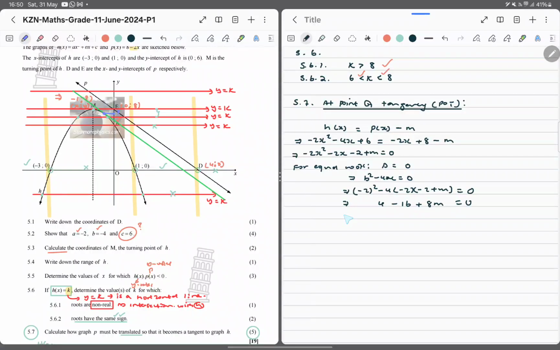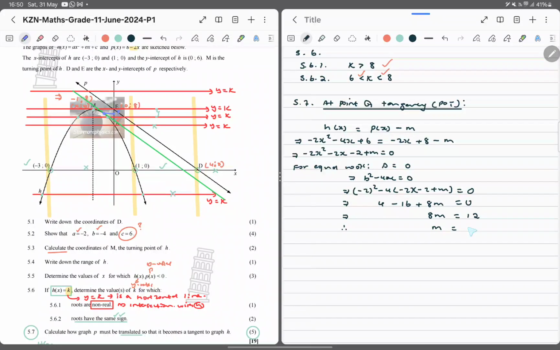So this then confirms for us that 8m is going to be, this is minus 4, minus 12. So this becomes 12.